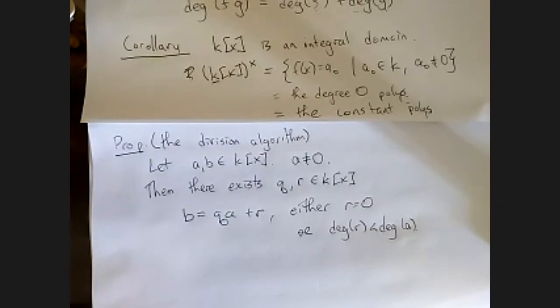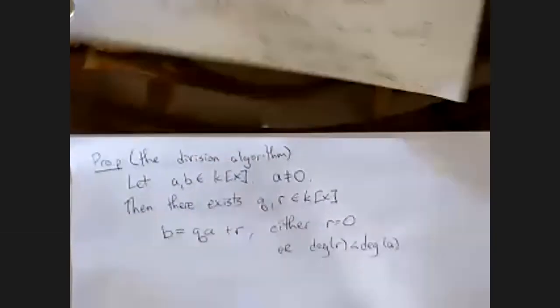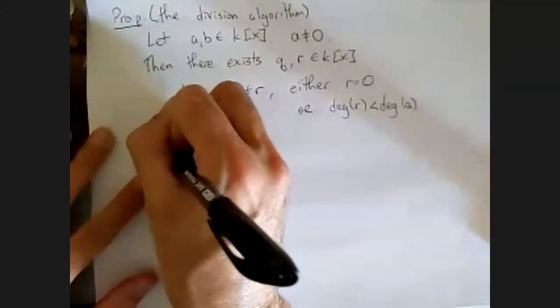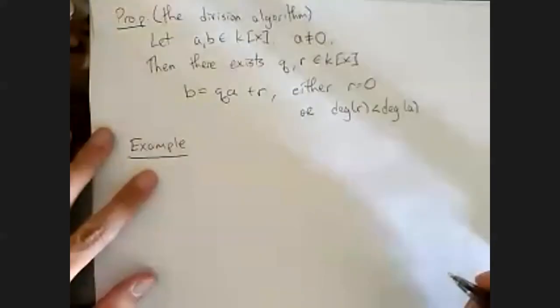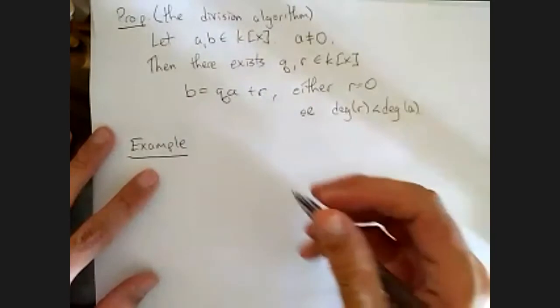So we're not going to prove this, but we can at least do an example. How you divide polynomials is just like how you divide natural numbers; you imitate it. So I'll show you what I mean with an example. I have two polynomials I want to divide.